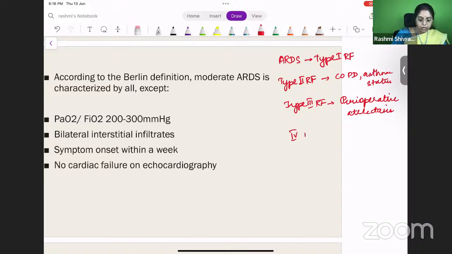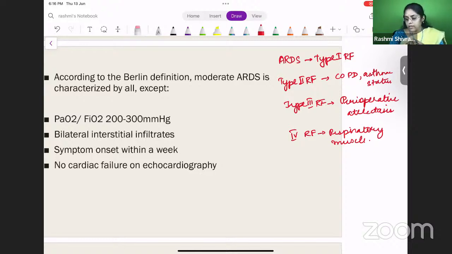Type 4 respiratory failure is when the respiratory musculature is not well perfused. So type 1 is ARDS, type 2 is COPD and acute exacerbation of asthma, type 3 is post-operative atelectasis, and type 4 is respiratory muscle hypoperfusion.